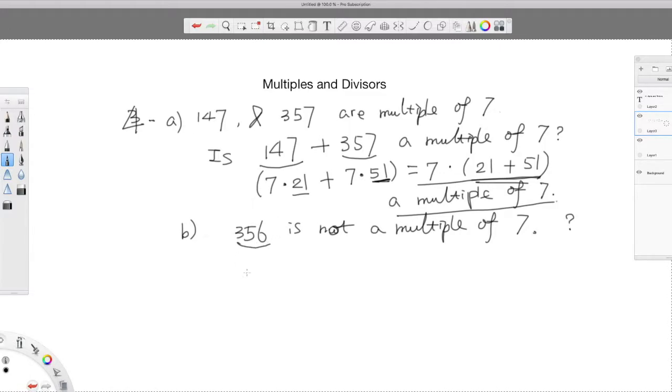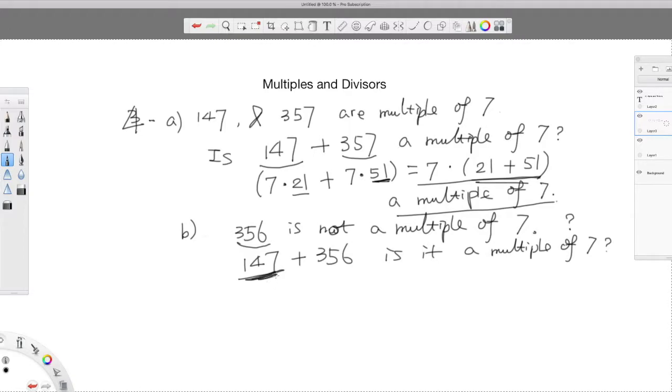All right, good. Now, how about 147 plus 356? Is this a multiple of 7? Think. Well, you actually should say no, because this is a multiple of 7.